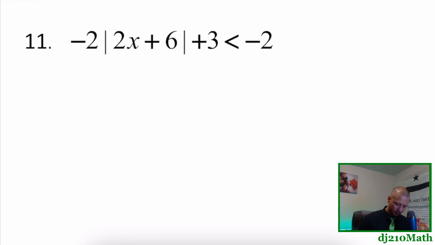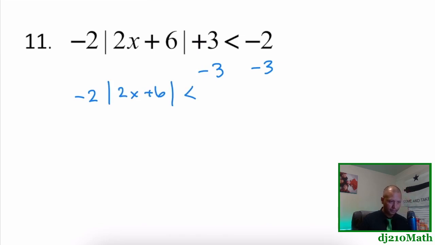So the first thing I'm going to do is subtract 3. So we get -2 absolute value 2x plus 6, less than -2 minus 3. So they're both negative, so we add 5, and then we keep the negative sign.